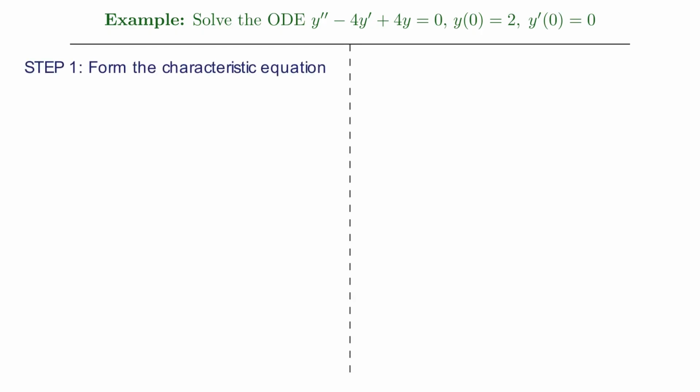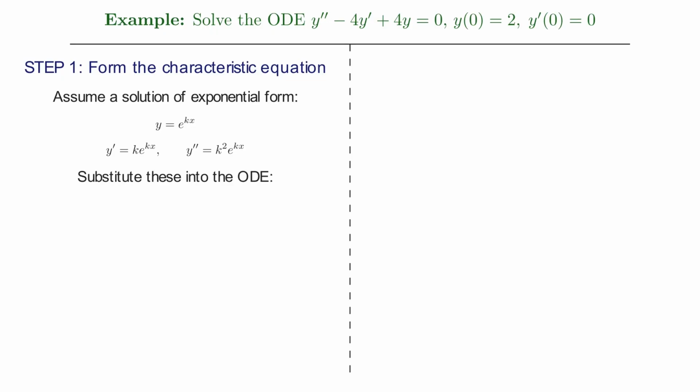To do this, we assume that we have the exponential solution, y = e^(kx). Differentiating this, we get that y' would be k e^(kx), and y'' would be equal to k^2 e^(kx). And we substitute these three equations into our differential equation.